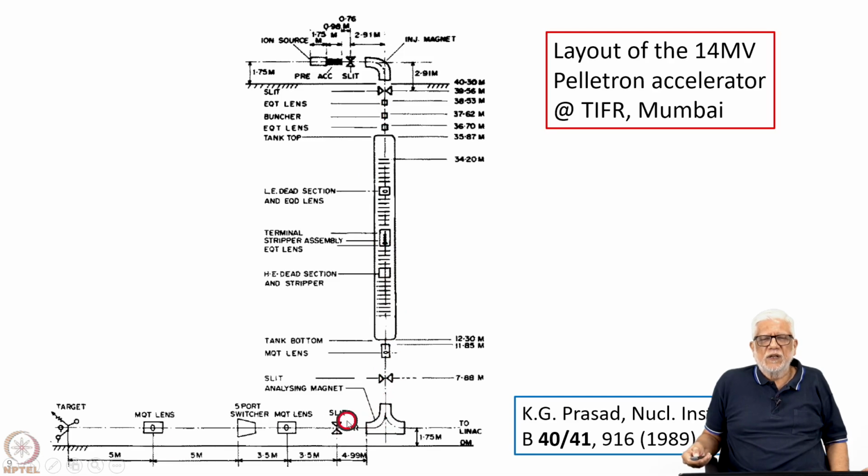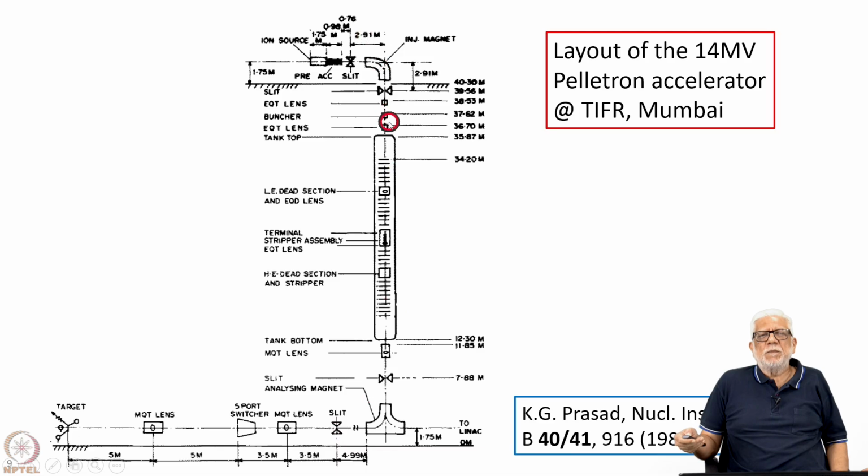If you want to go here, then this beam is bent, and it falls on a pair of slits. The vertical slits are used for beam energy stabilization, and the horizontal ones are used for a very different function.